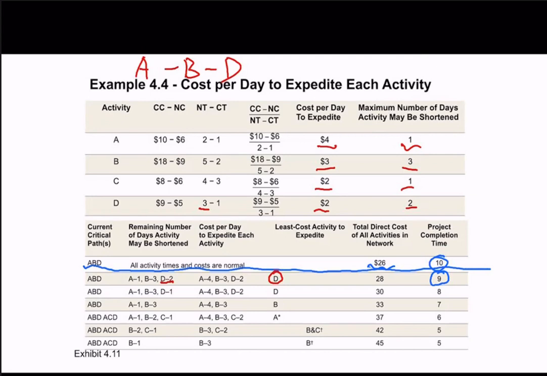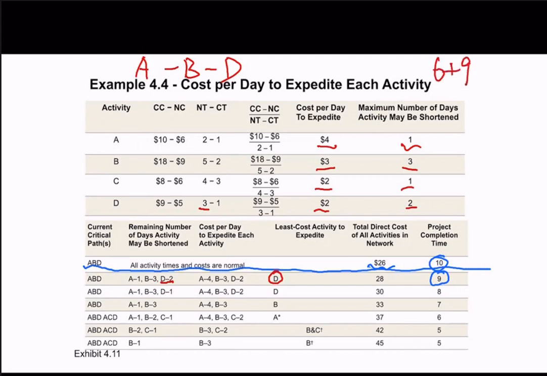Because if we want to complete the whole project, we need to complete all 4 activities here. So the direct cost for the 4 activities will be: for A, the normal cost is 6. For B, the normal cost is 9.